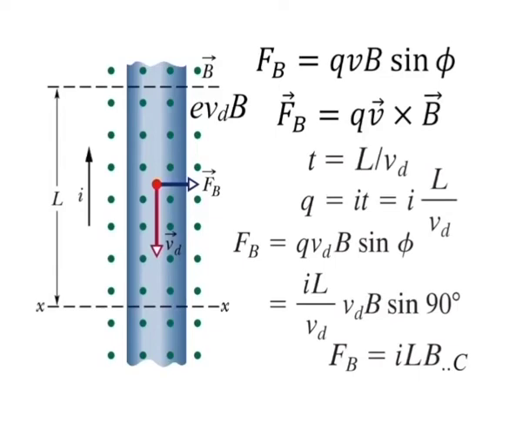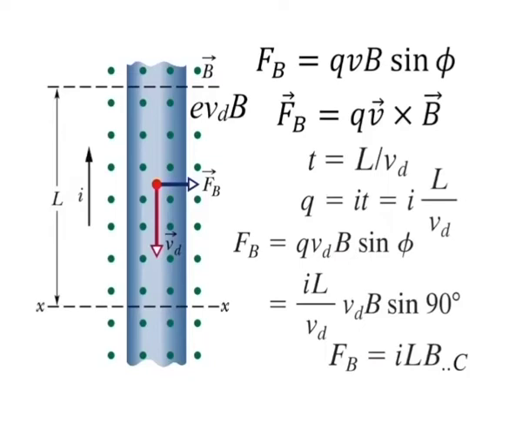Note that this equation gives the magnetic force that acts on a length L of straight wire carrying a current i and immersed in a uniform magnetic field B that is perpendicular to the wire.